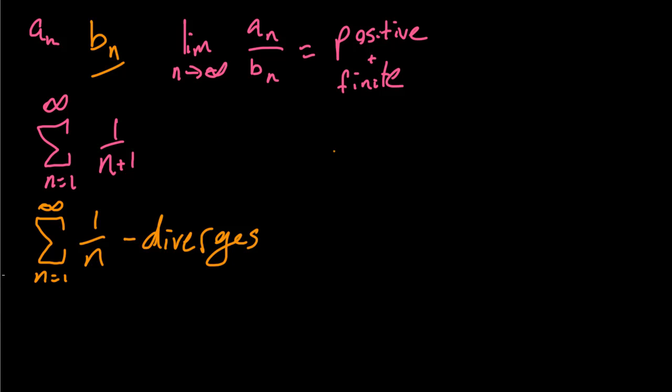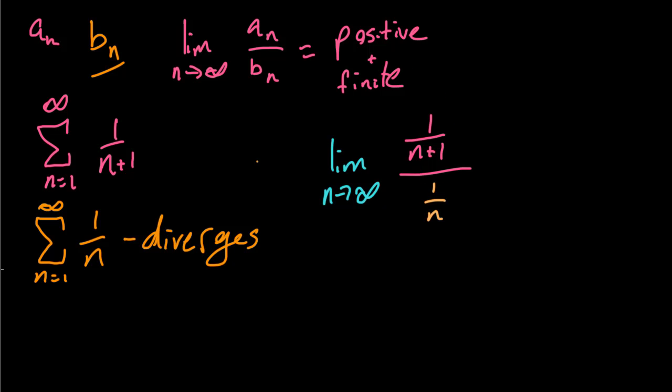So let's take the limit. We'll do this over here in a different color. We're going to do the limit as n approaches infinity of our a sub n, which in this case is going to be 1 over n plus 1, because that's the one we don't know anything about. So the limit as n approaches infinity of 1 over n plus 1, all over b sub n, which is going to be 1 over n.